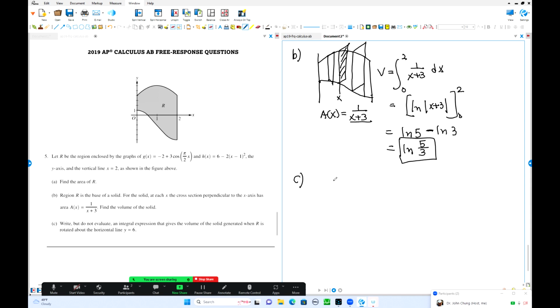Okay, this is 1, 2, 3, 4, 5, 6, up to 6 of it. The graph looks this way.